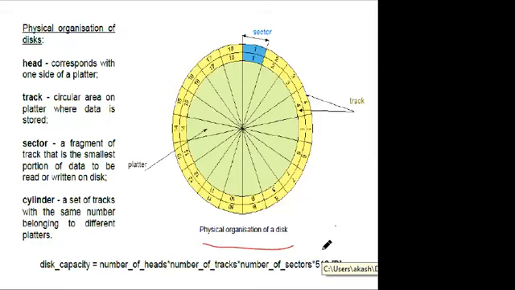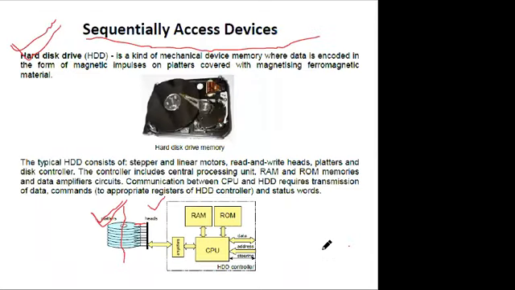A single plate is regarded as a platter. In this case, we have multiple plates stacked together, one over the other, and every plate has a head to perform read and write operations on its platter.